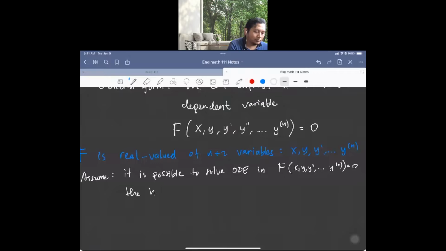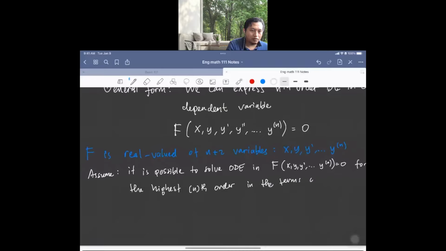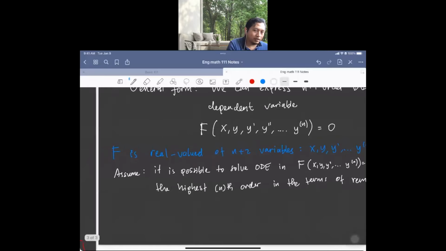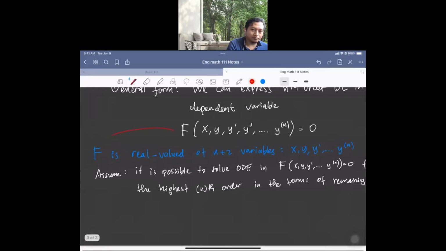for the highest n order in terms of the remaining n plus 1 variables. It's a little bit wordy, but let me explain this.